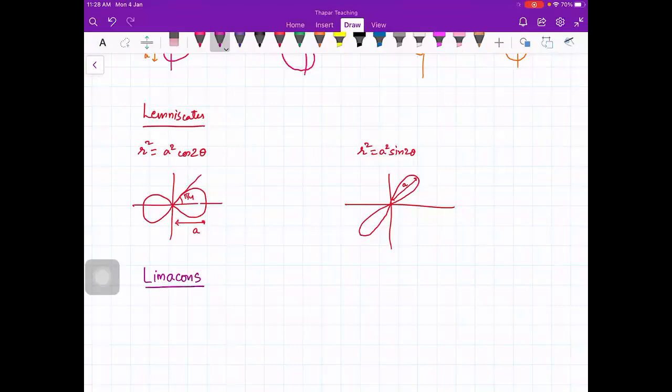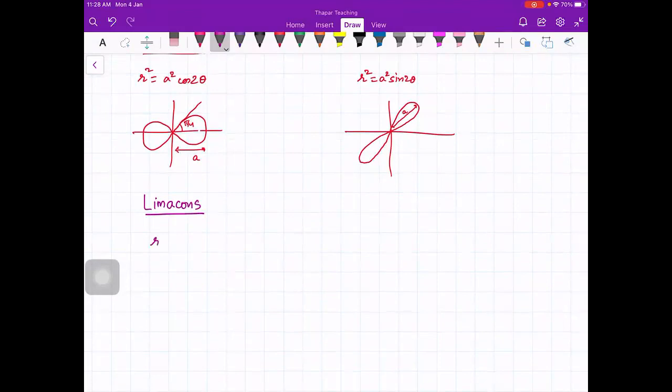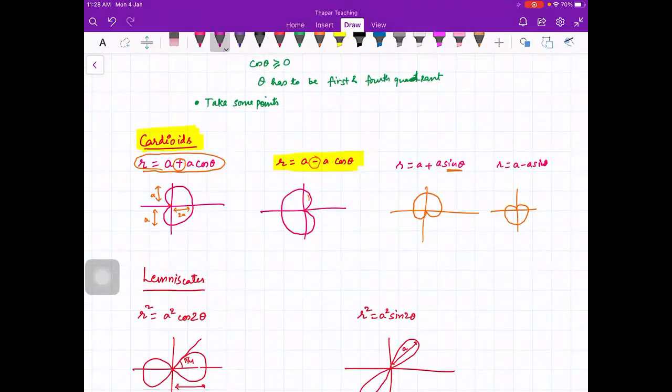What are these? These are actually the curves r is equal to a plus minus b cos theta, and r is equal to a plus minus b sine theta. We call cardioids cardioids because their shape is similar to a heart.